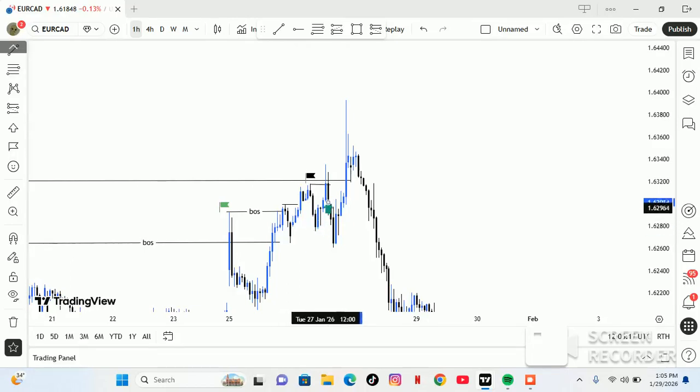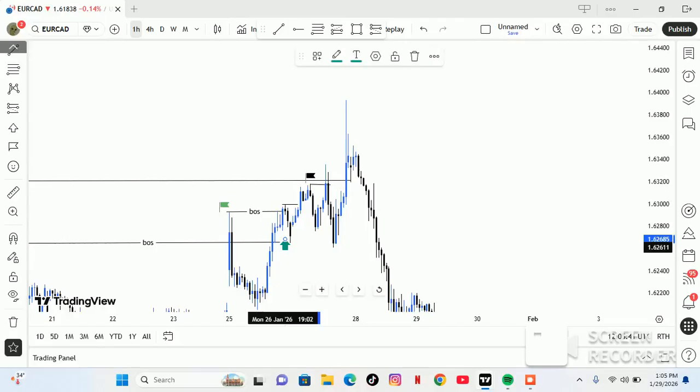But this high here did not break structure. It did impulse, which is a sweep of liquidity. So this market swept liquidity from this high, then swept liquidity from this low also, from this low. Then it breaks structure, then it broke structure.